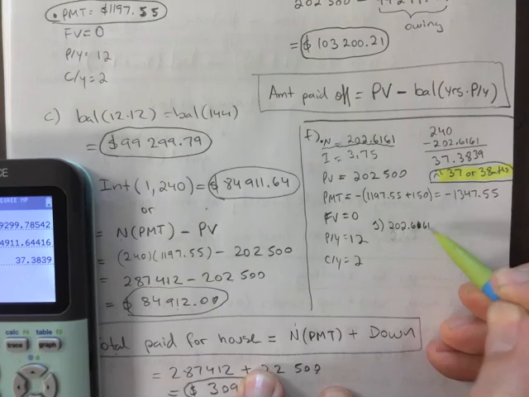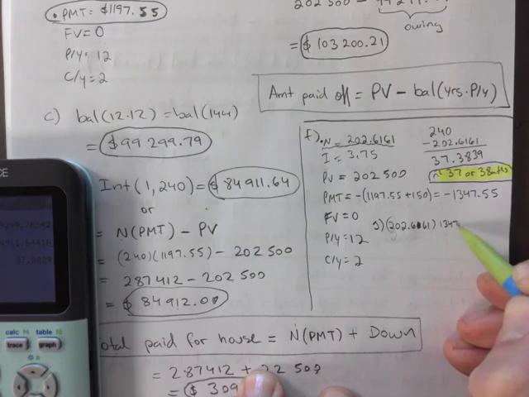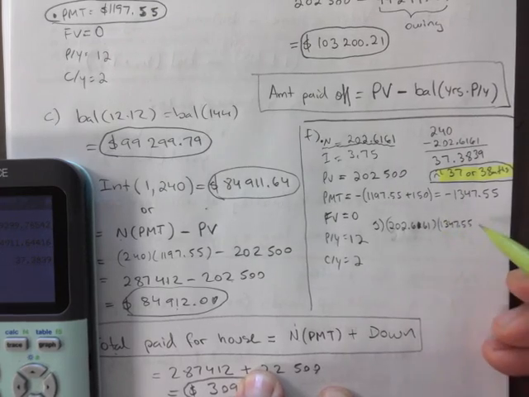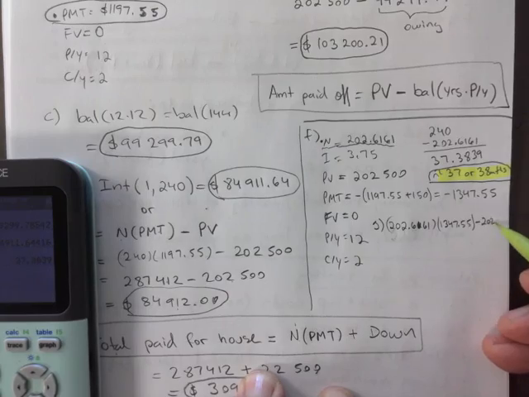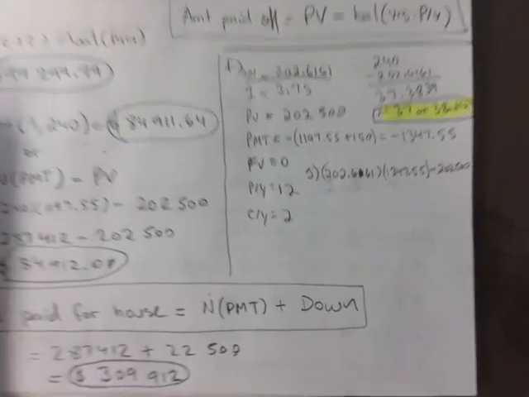202.6161 times 1347.55 minus 202,500. I'm going to zoom into that because it's so small.